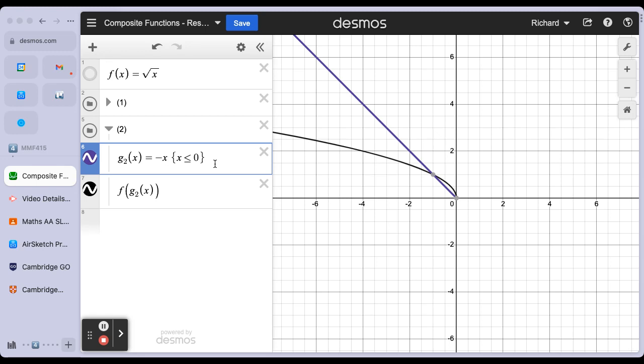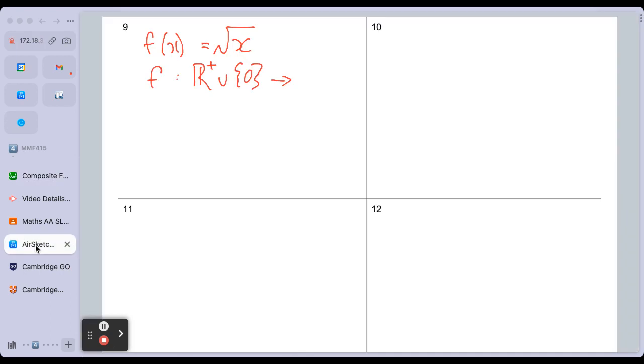That's its domain. And it goes to any old real number. You know what? I'm going to color code it a bit.